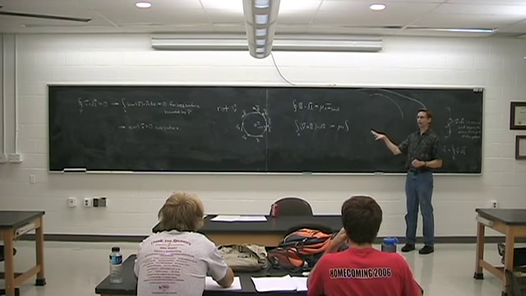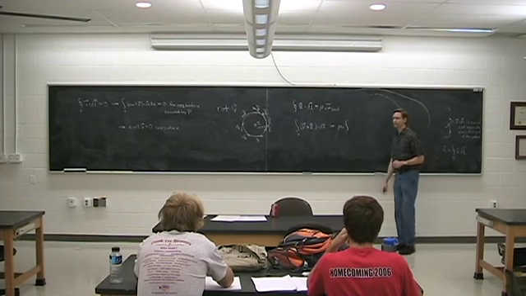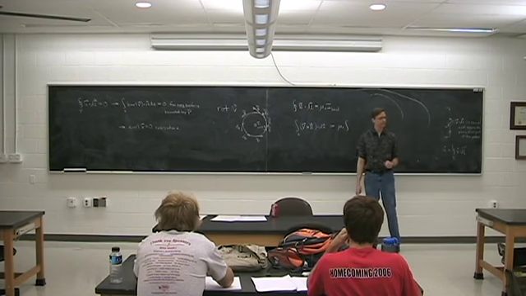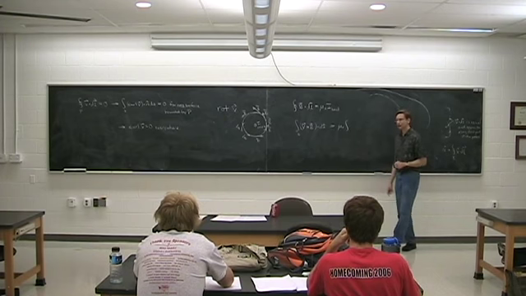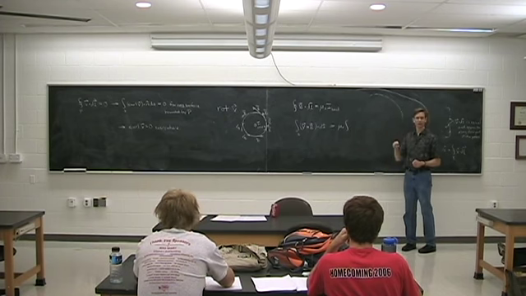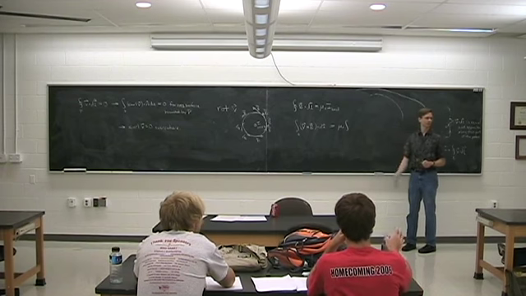The current density is just the charge density times the velocity the charges are moving, instead of the mass density times the velocity at which the fluid is moving.